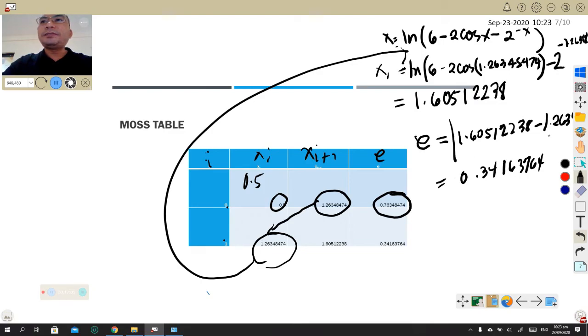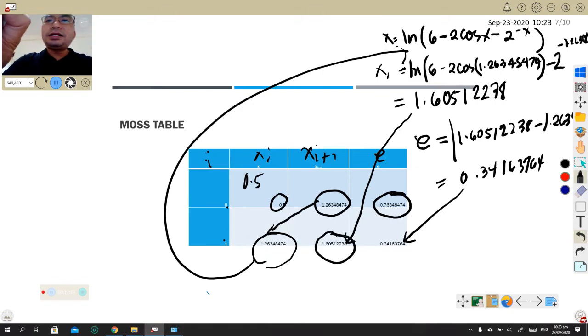Since this is just an absolute value, this one is the value here and this one is the value here. And again, in the third iterative solution, or in iteration number 2, xi will be 1.60512238. Then you solve again for xi plus 1 and you solve for the error.